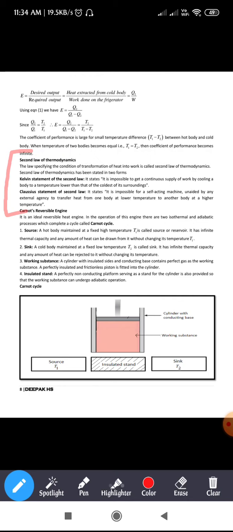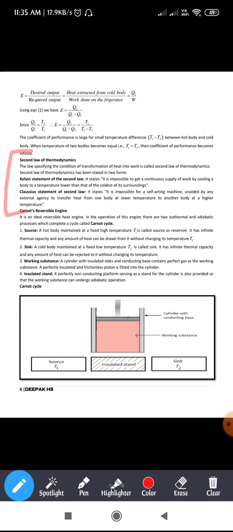The law specifying the condition of transformation of heat into work is called the second law of thermodynamics. So the second law deals with the conversion of heat into work done.